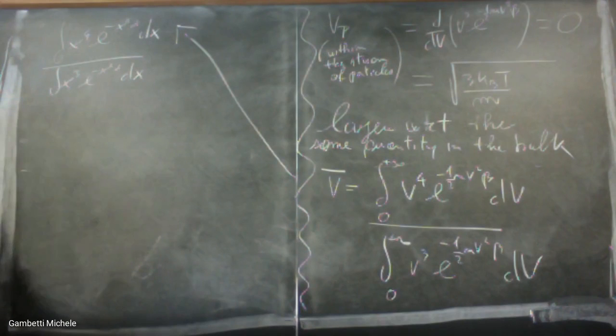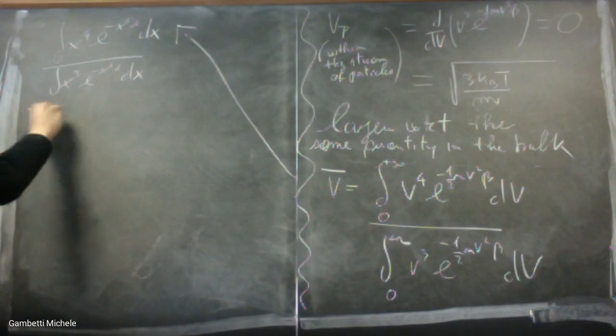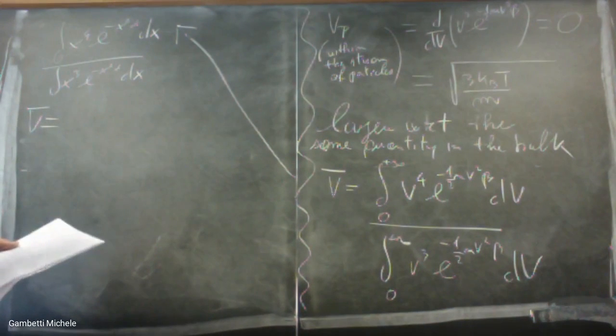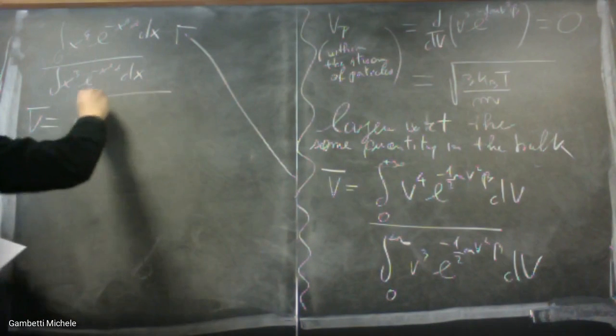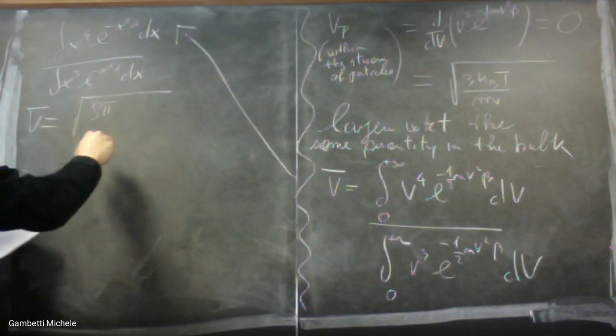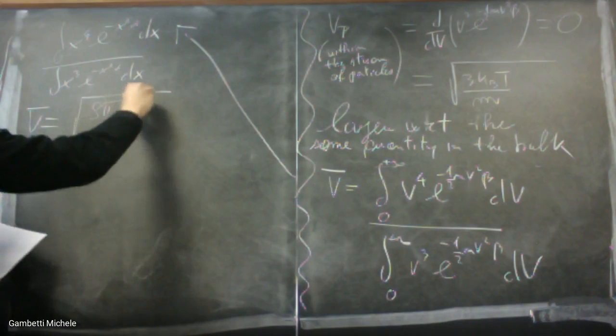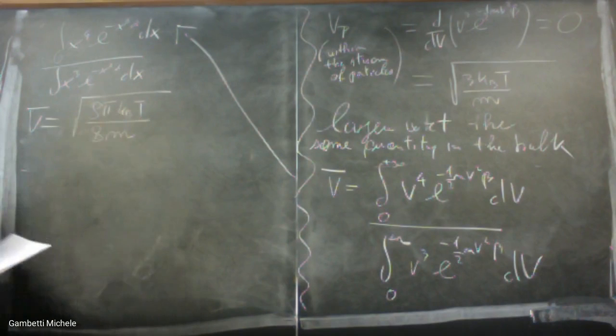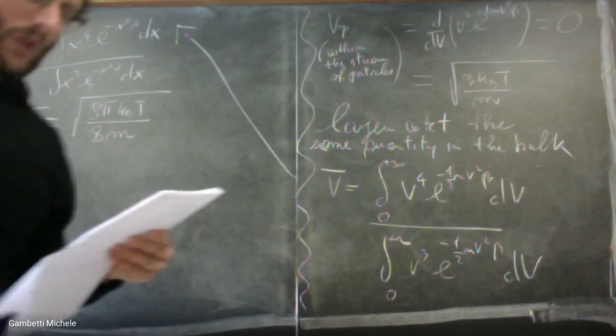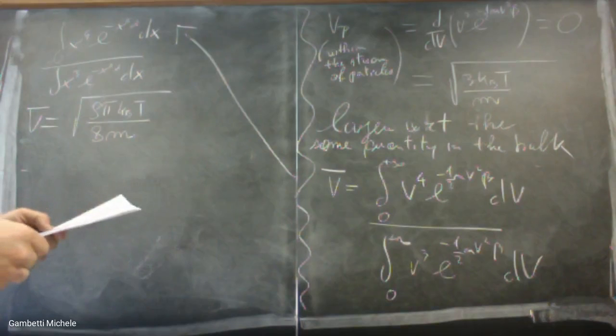The final result is that the average velocity in the stream is equal to 9 pi kBT divided by 8m.